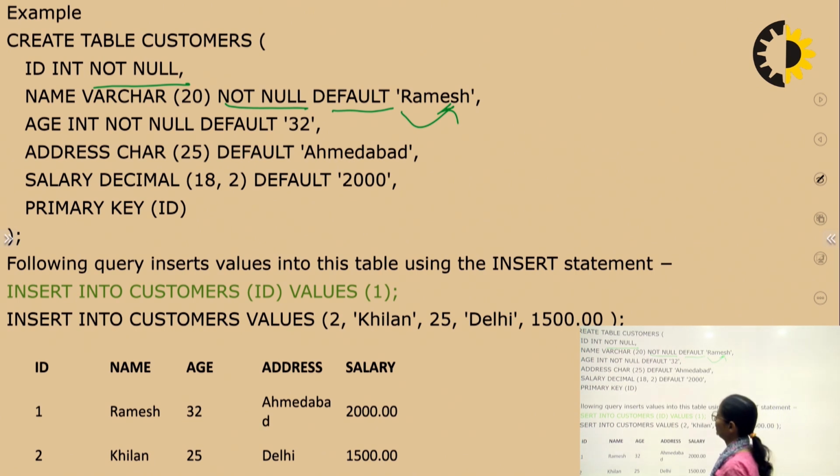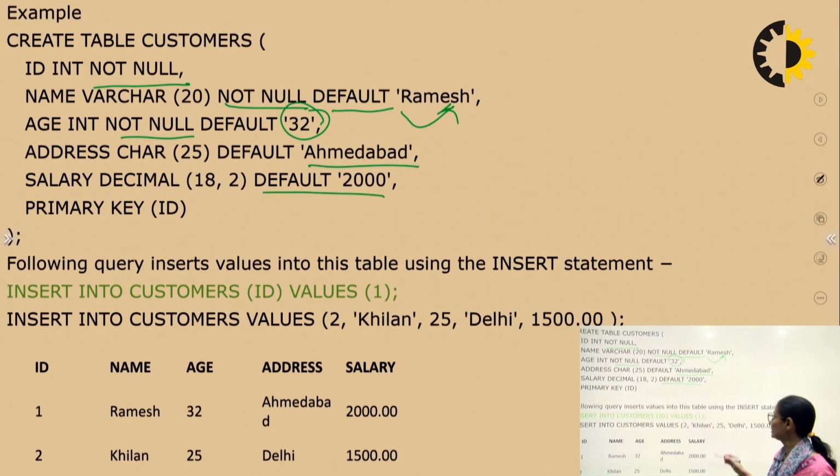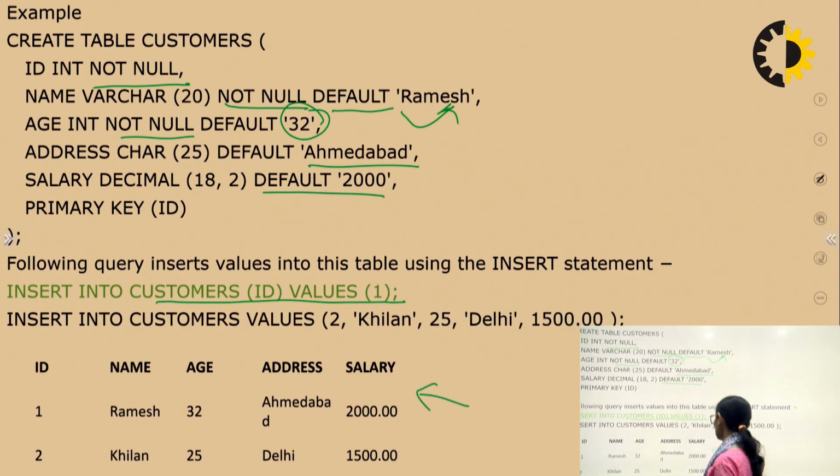Then age, integer, again not null and a default value, then address, default is always this, like this. So following queries insert values into this table using the insert statement. For example, you have inserted only this thing, but automatically my values got updated. Why?